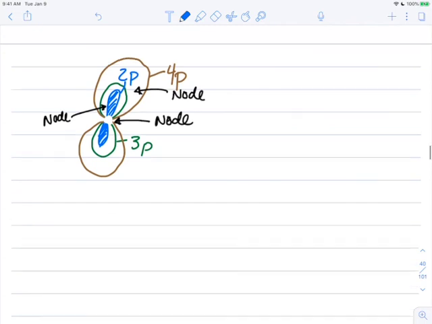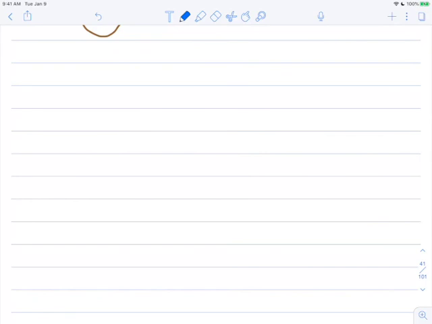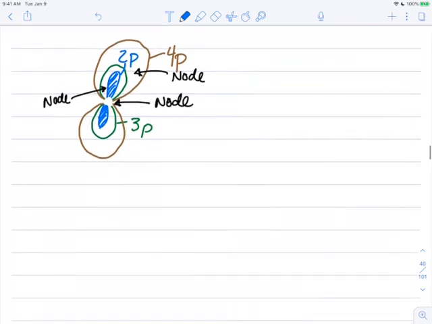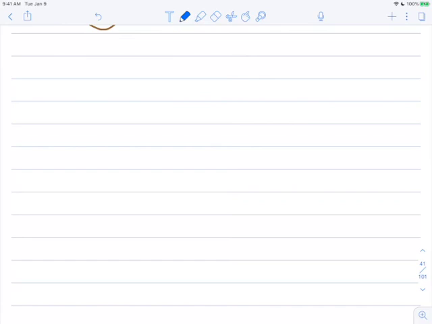All right, so sometimes students say, well, what exactly do you want me to know from these, in addition to the idea of the nodes and how the orbitals sit one inside of the other? I do want you to know that our s orbital is spherical. I'm going to draw it as a circle.